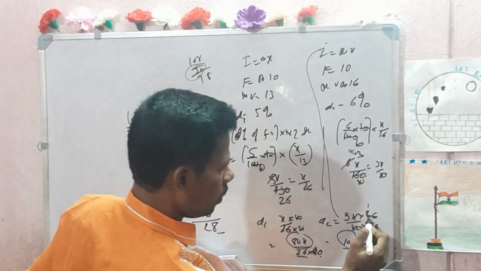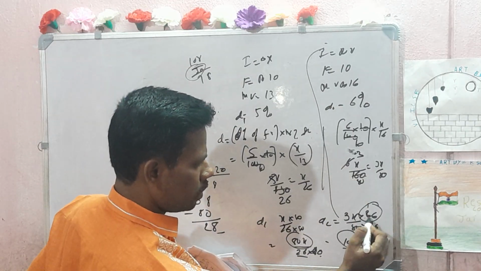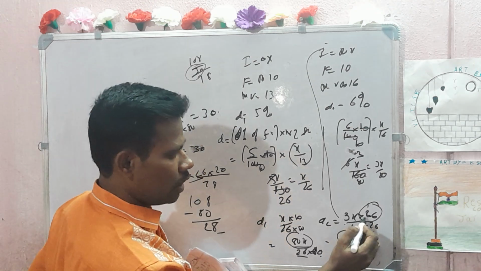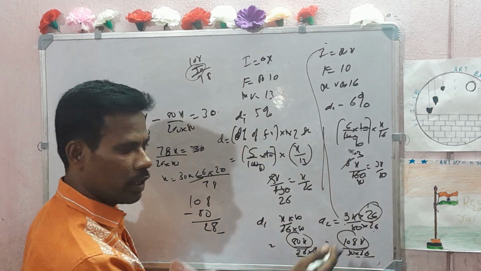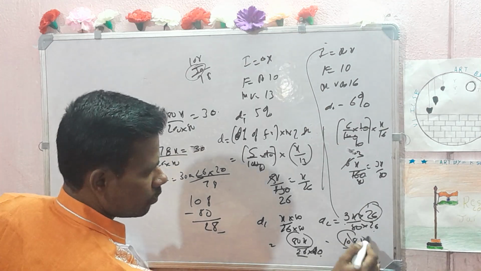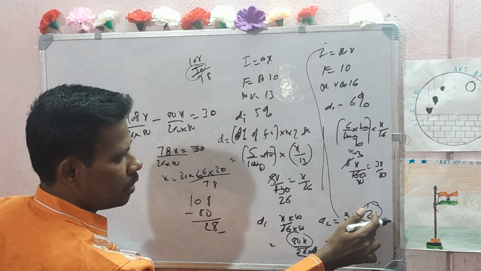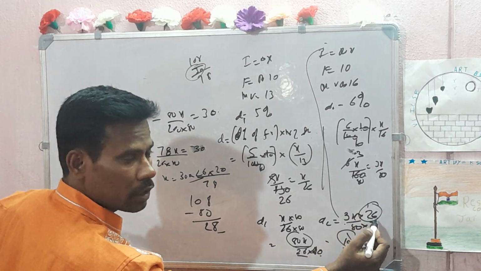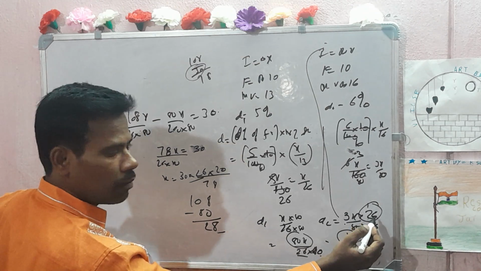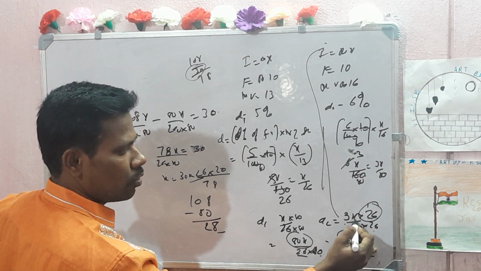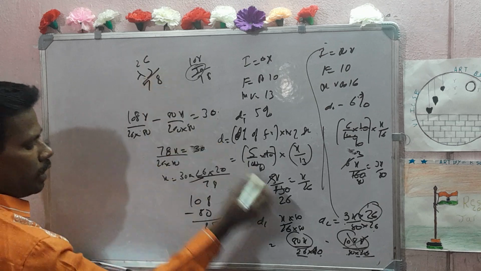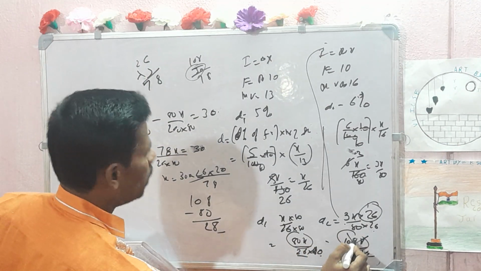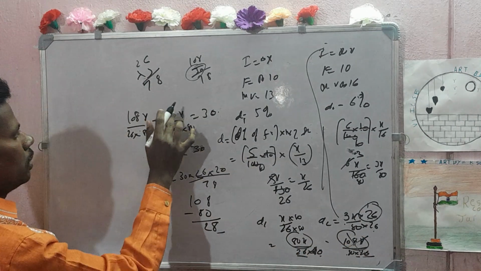Please note this 26 into 3, 78x here. Please make a note of it. Here by mistake I have written it, that number is not visible for me. So 26 into 3, 3 6s are 18, 78. Here this is 78. Please make a note, not 108.